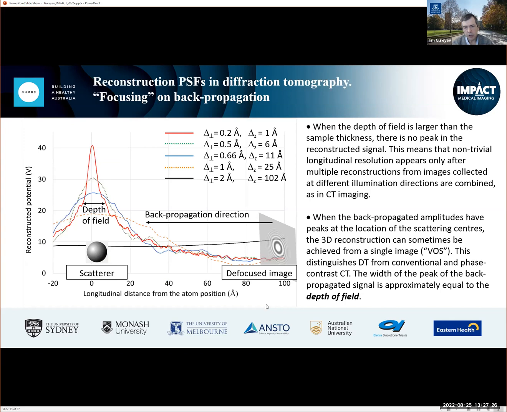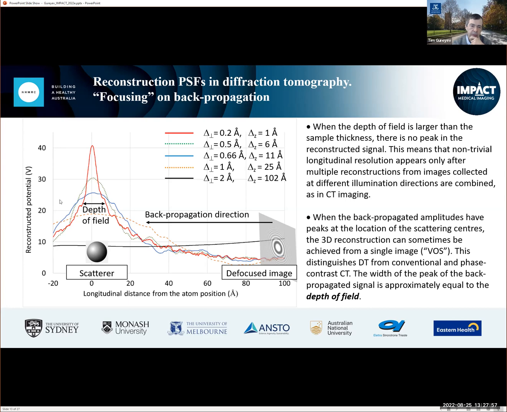Okay, and what we noticed is that in the process of that backpropagation, the backpropagated wave with the retrieved phase or another properly selected phase tends to produce a peak at the position of strong scattering centers inside the object, which can be atoms in the case of electron imaging, or can be, say, microcalcifications in the case of breast imaging or something else.